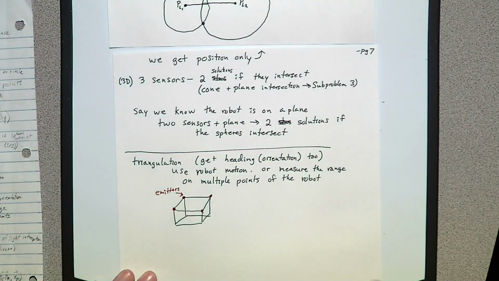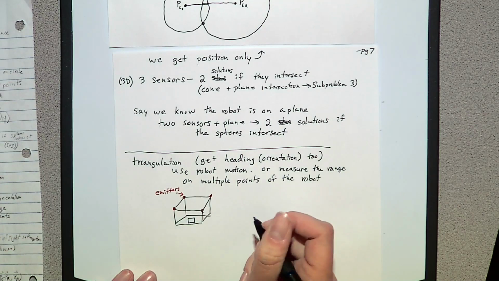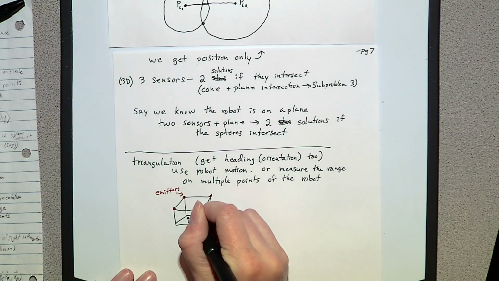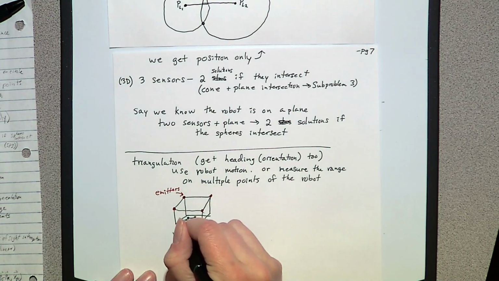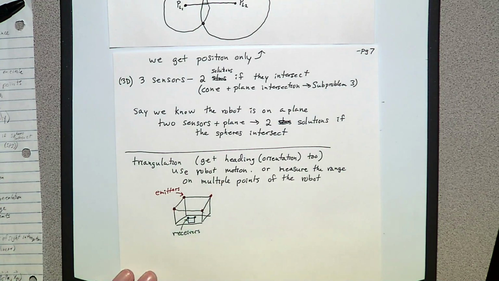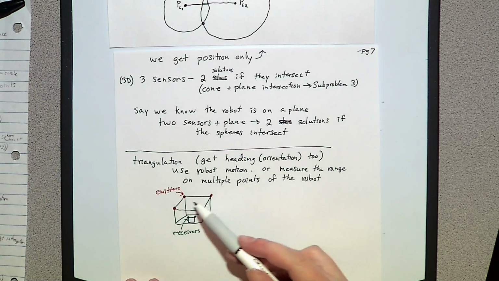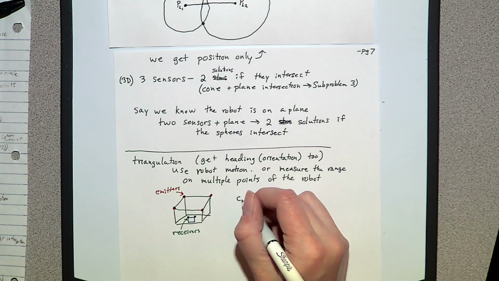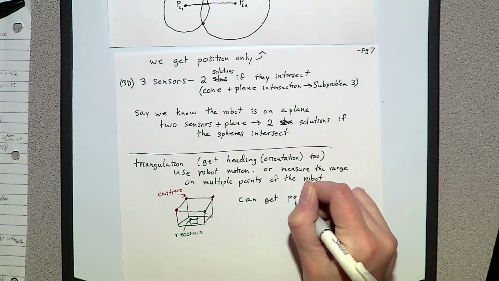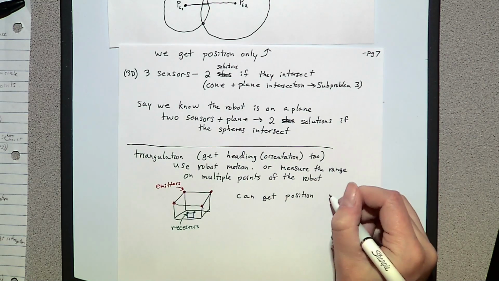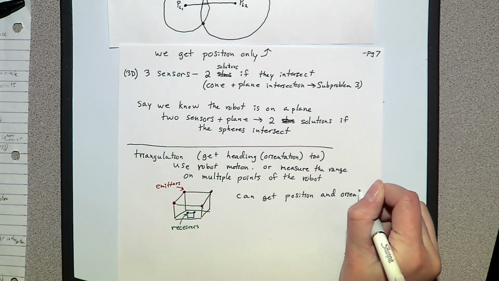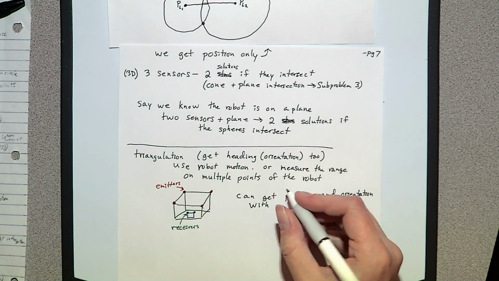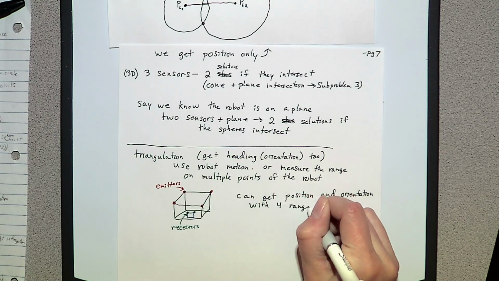And then you have your robot down here, and let's say that you have 2 receivers on it. If you have some setup like this, then you can get position and orientation with our 4 range measurements.